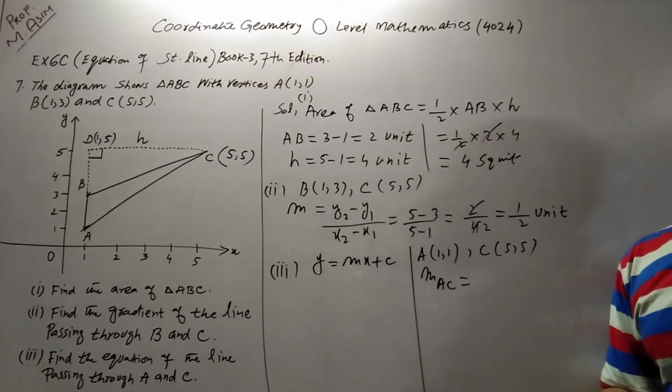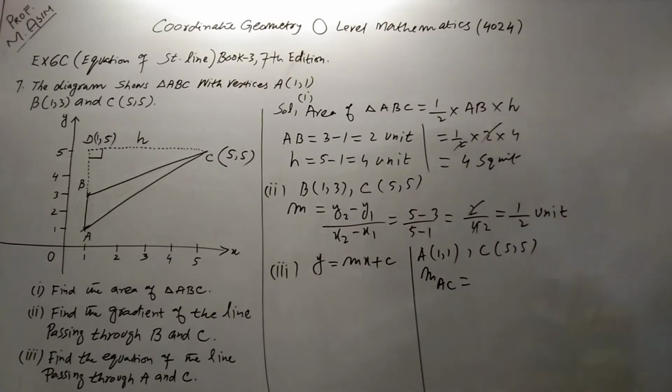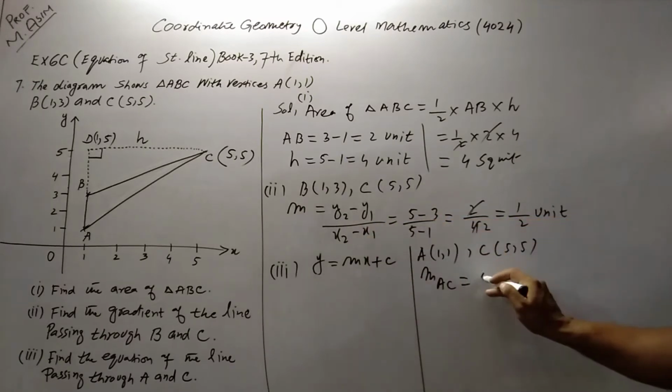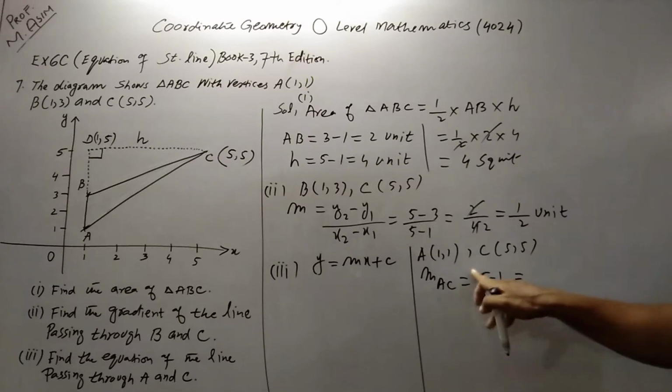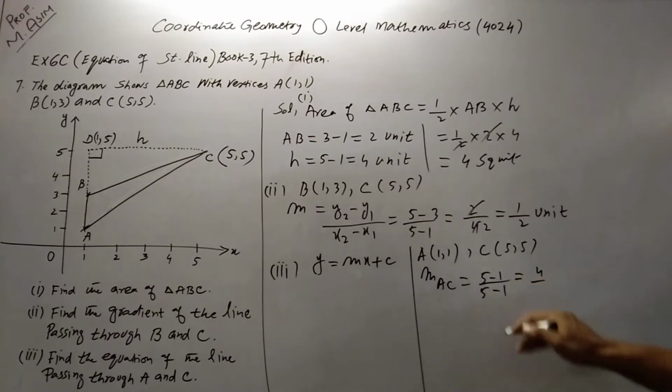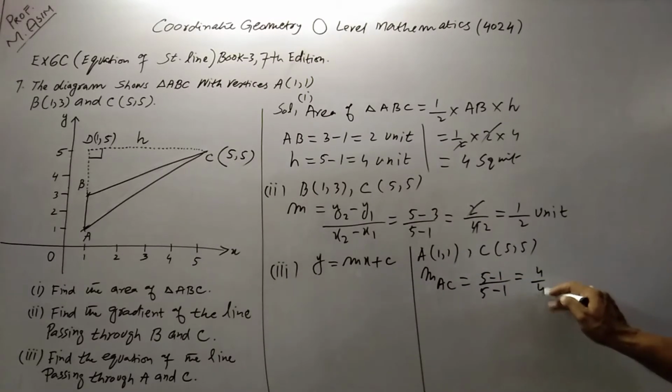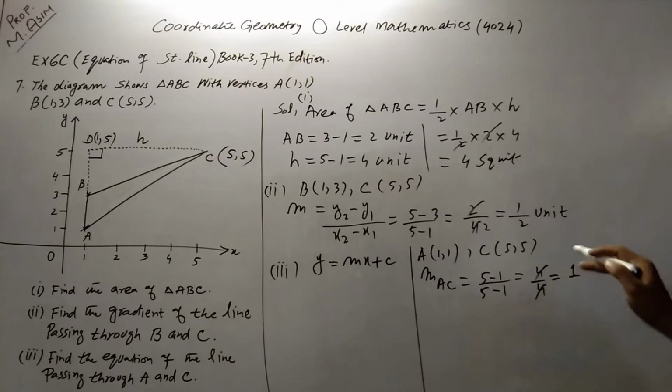Subscript AC means we are going to find the gradient of the line AC. What is the formula of the gradient? See this: y2 minus y1 over x2 minus x1. 5 minus 1 is 4 and 5 minus 1 is 4, and 4 upon 4, you know, is 1.